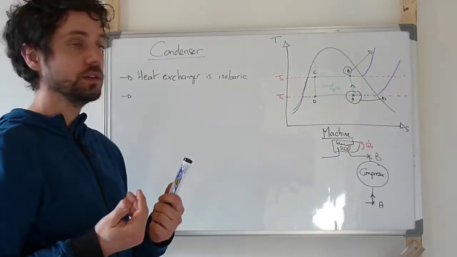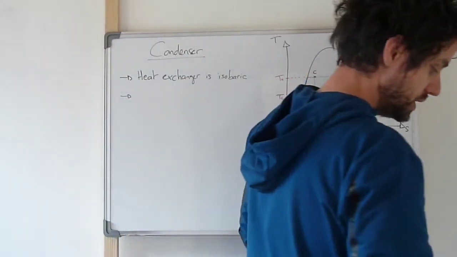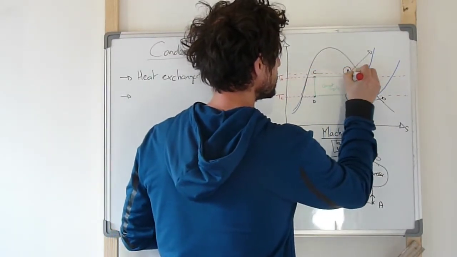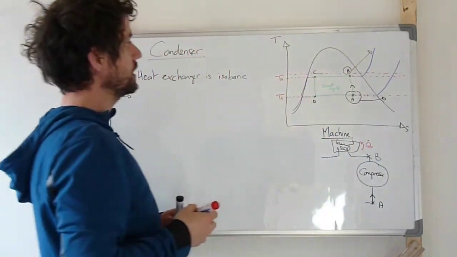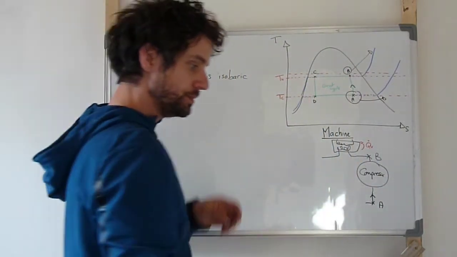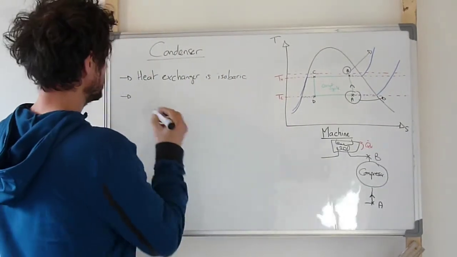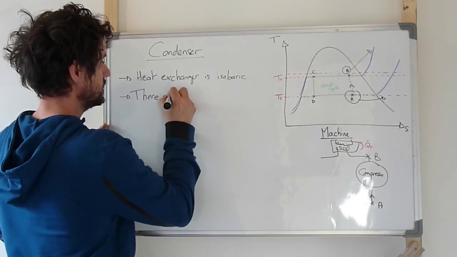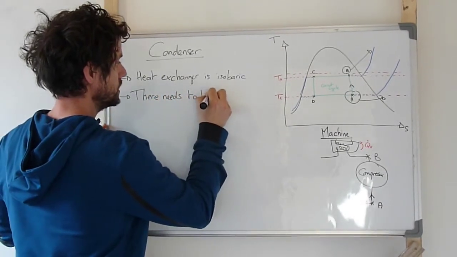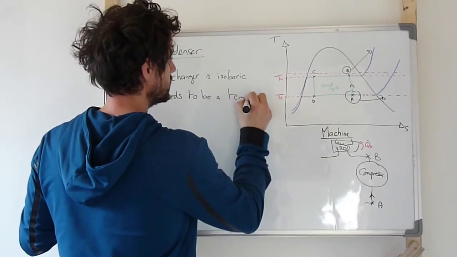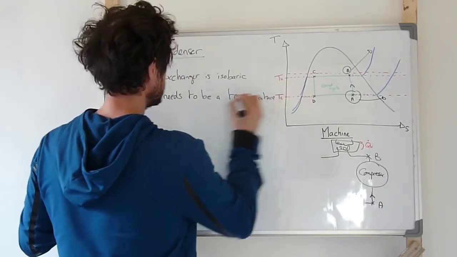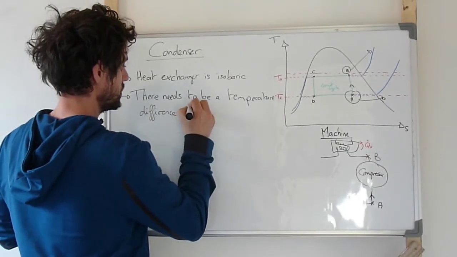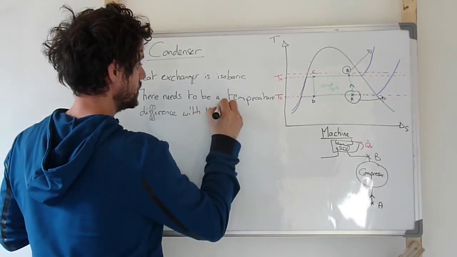So we need to define a new temperature at which the heat exchange will take place. This temperature will be a bit higher than the hot source temperature, and so second point is there needs to be a temperature difference with the hot source.